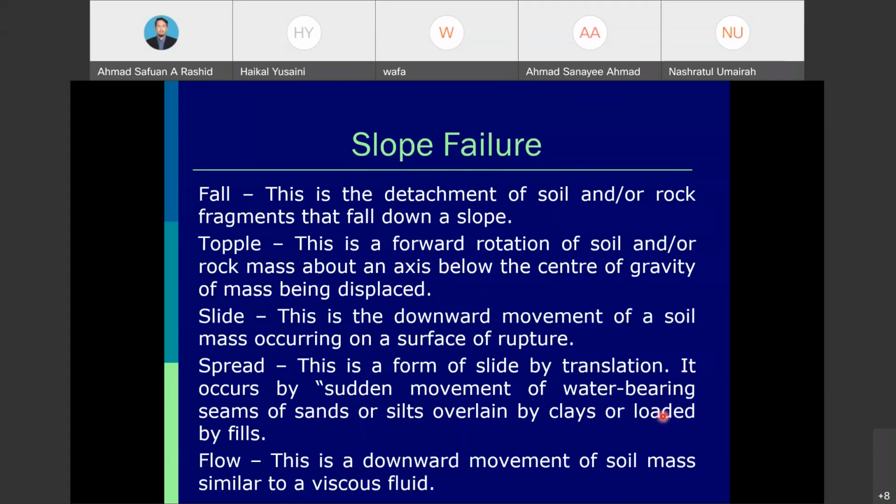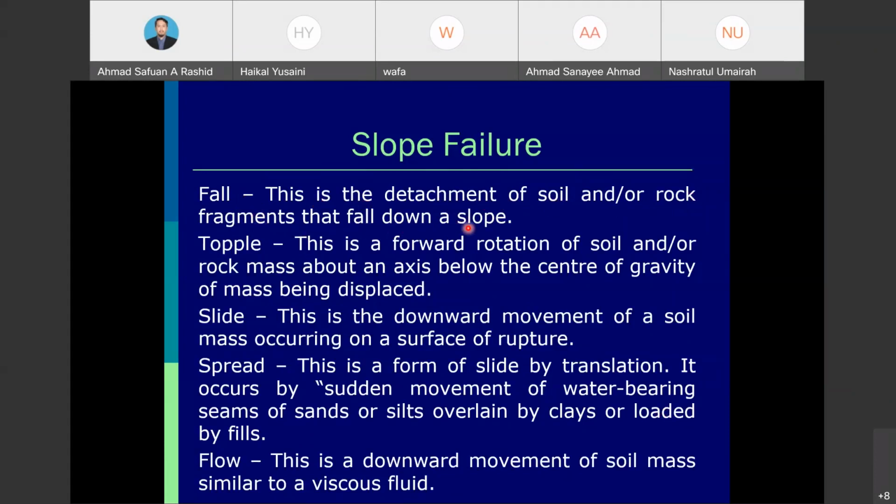So these are the explanations of the events of failure. For example, a fall is the detachment of soil and or rock fragments that fall down a slope.